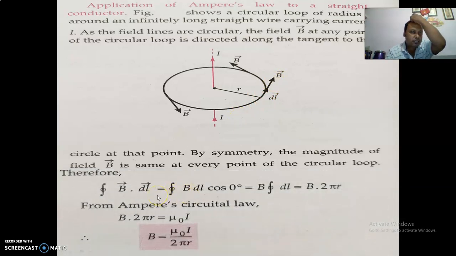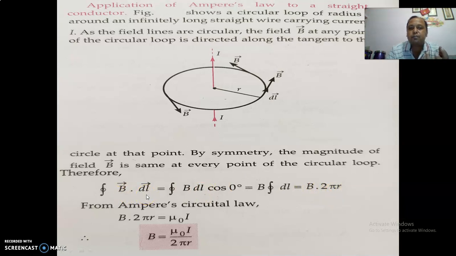So integration B dot dl is integration B dl cos 0 degree, and cos 0 is 1, so we write B dl. B comes out of the integration sign, so it is integration dl only. dl is the small length; if you integrate it, you get the circumference of this circle, which is 2 pi r. So we write B into 2 pi r. This is the value of B dot dl that we have obtained.